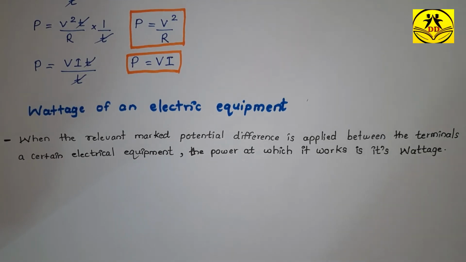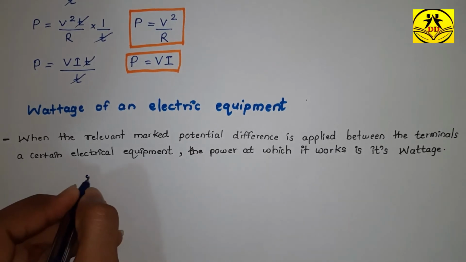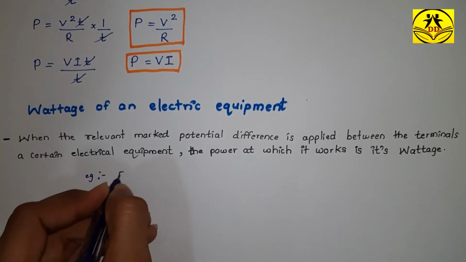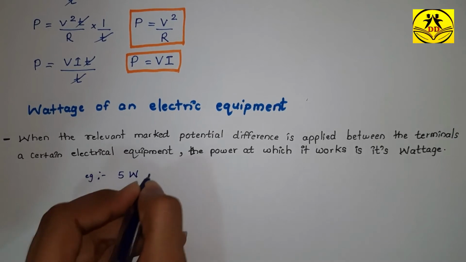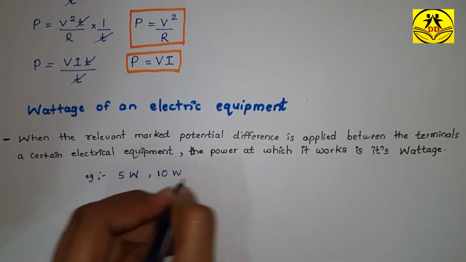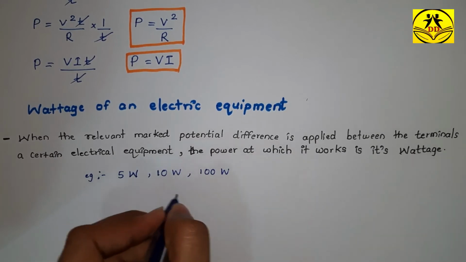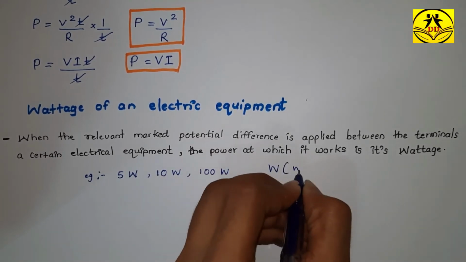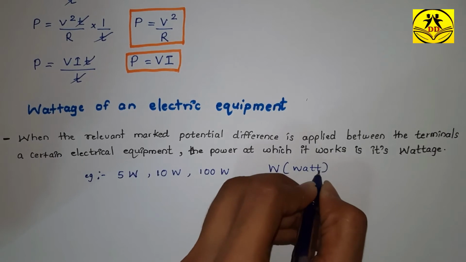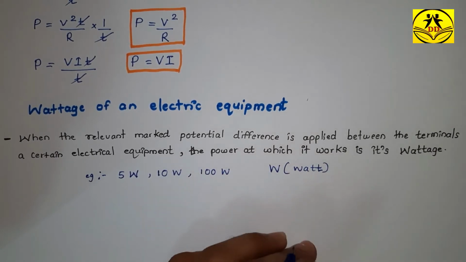The unit of voltage is watt. So examples will be 5 watt, 10 watt, 100 watt. This W is watt. You all know this from all levels.